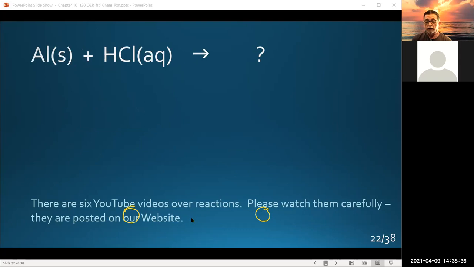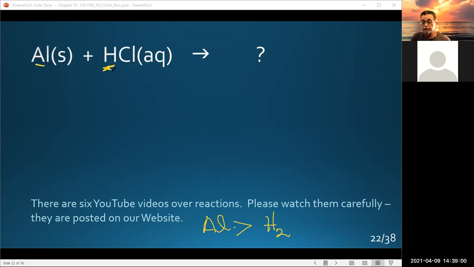And so aluminum is a lot more reactive than hydrogen. In this case, H2. So this means that this hydrogen is going to be replaced by that aluminum.